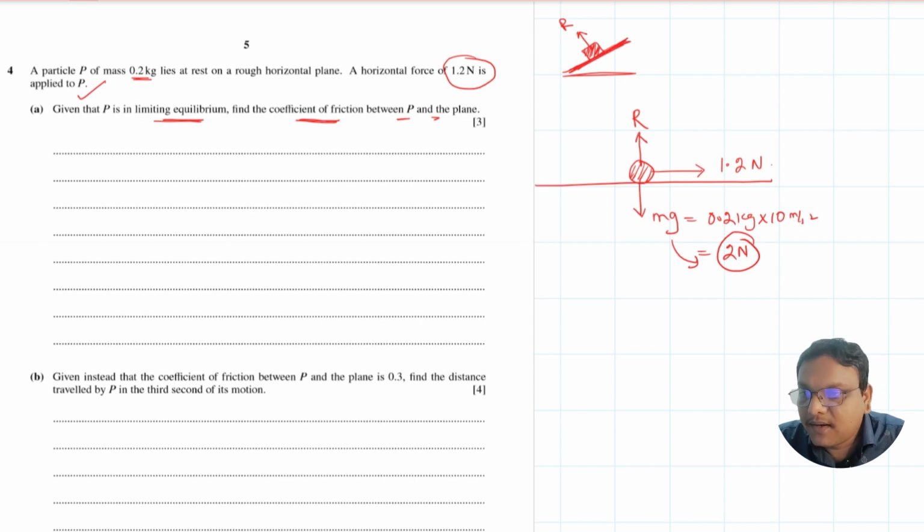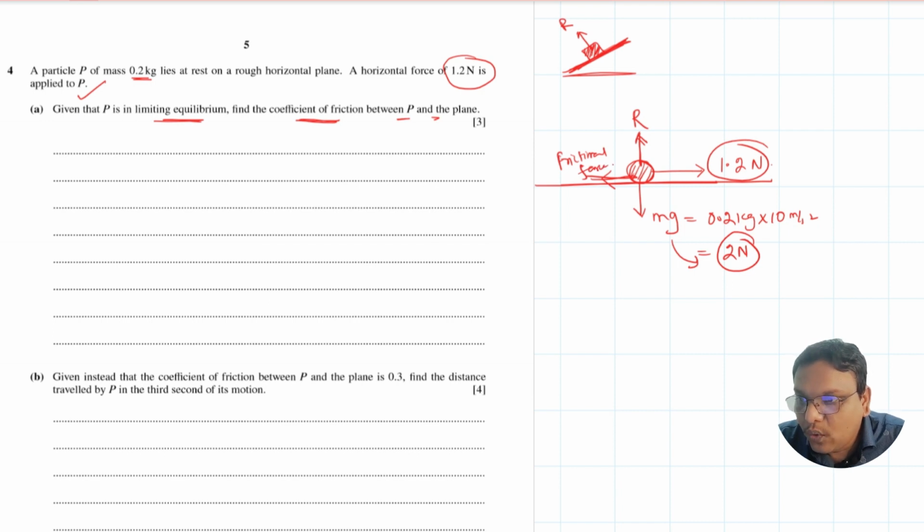But here the surface is the ground, so the reaction force will be exactly opposite to the ground. As per the question, there is a frictional force also applied. Obviously it will be applied backwards, opposite to the 1.2 Newton. So I can write down, this is the frictional force.